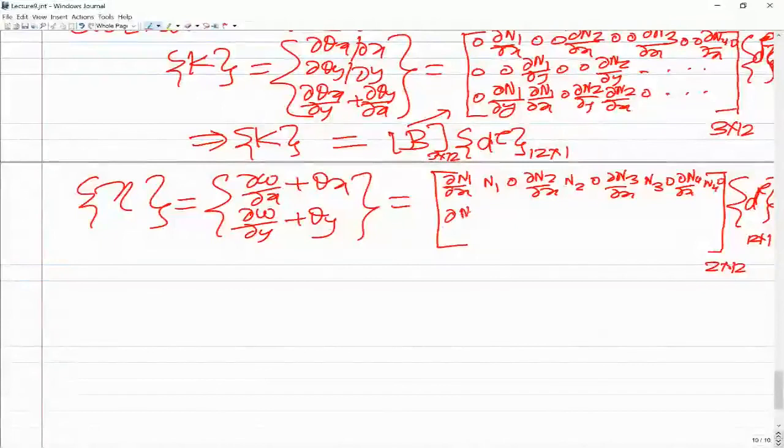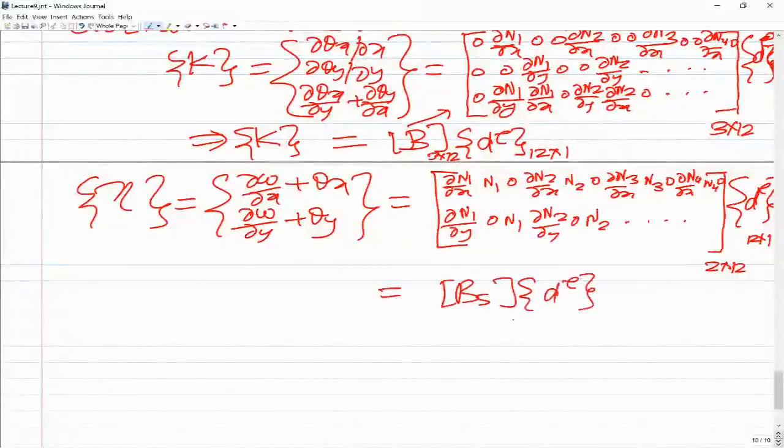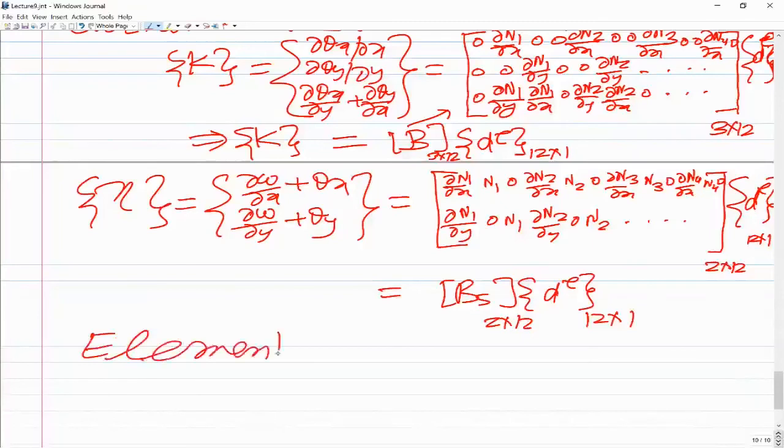I will write just one element, del N1 by del y 0 N1, del N2 by del y 0 N2, and so on. So you can write the remaining elements. So this would be BS into DE. BS is a 2 by 12 matrix and D is a 12 by 1 vector. Now once you define this, then for the element level governing equation, I will not derive it. The steps to derive the element level governing equations are the same.